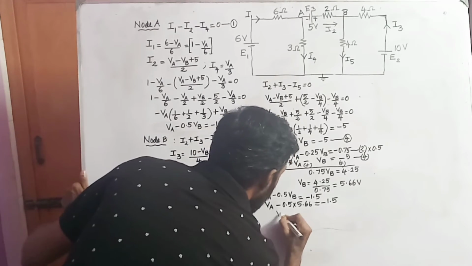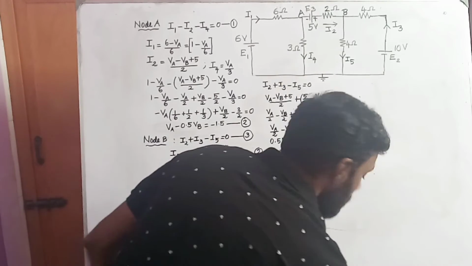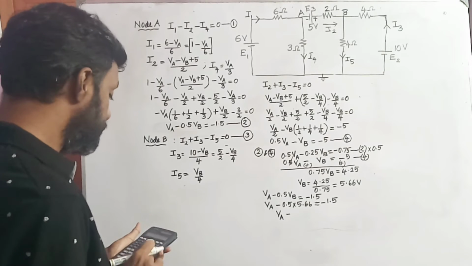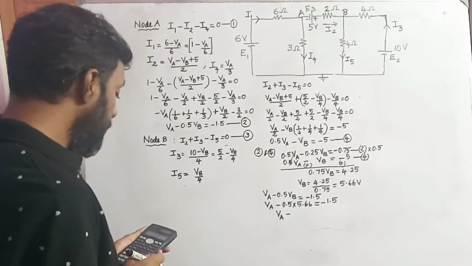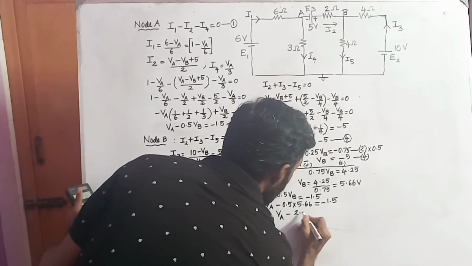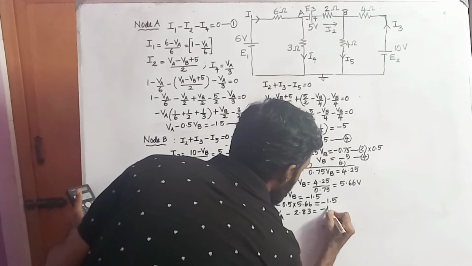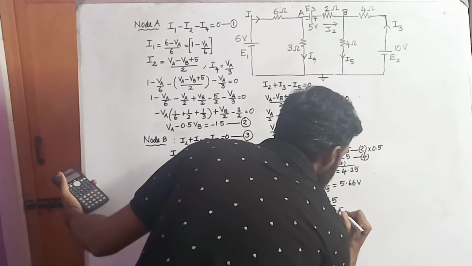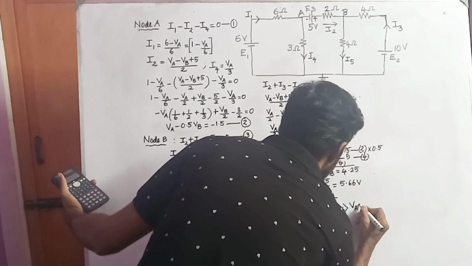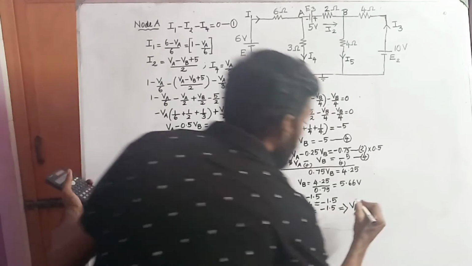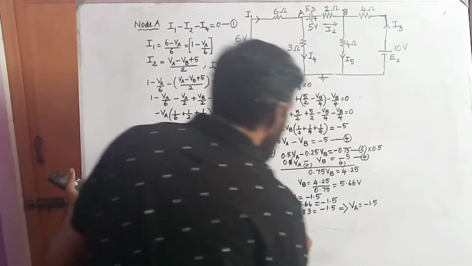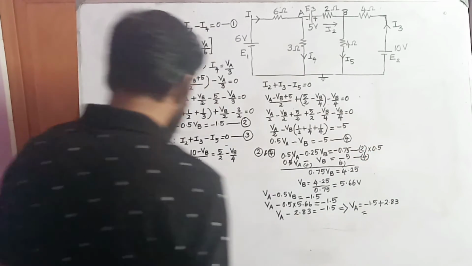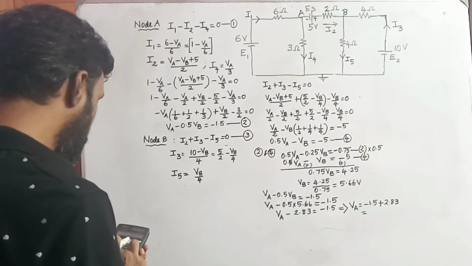So VA minus 0.5 into 5.66, which is 2.83, equal to minus 1.5. Therefore VA equals minus 1.5 plus 2.83, that is 2.83 minus 1.5.